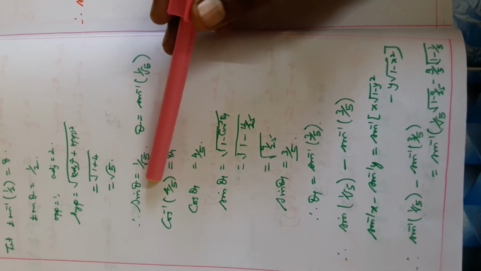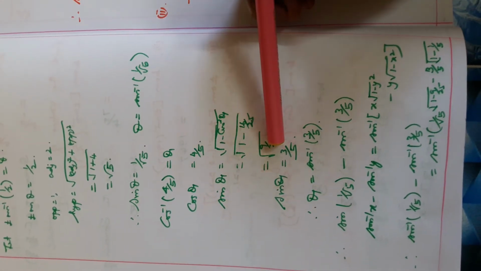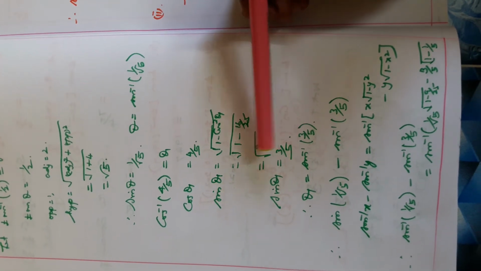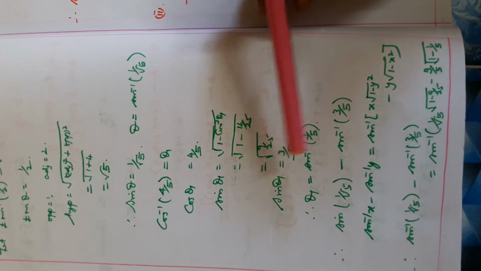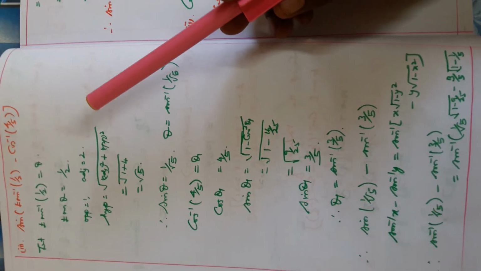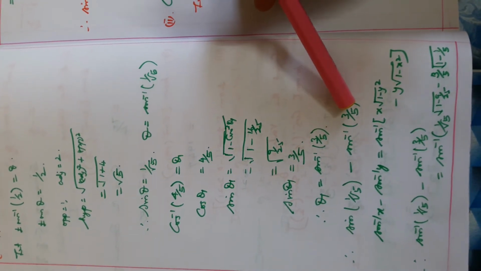Like that, I am taking cos inverse of 4 by 5 as theta 1 and finding sin theta 1 as 3 by 5. Since the sides are 4 and 5, the other value will be 3 by 5. So cos inverse of 4 by 5 can be written as sin inverse of 3 by 5.